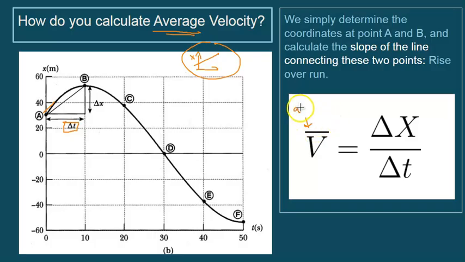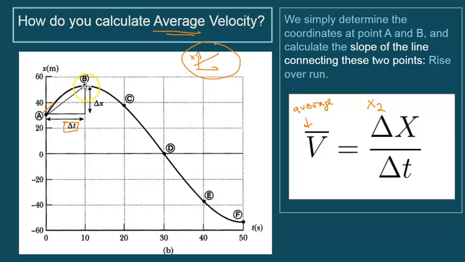The bar means average. So this says the average velocity is equal to delta x over delta t. Delta means difference, exactly like when you're doing slope.